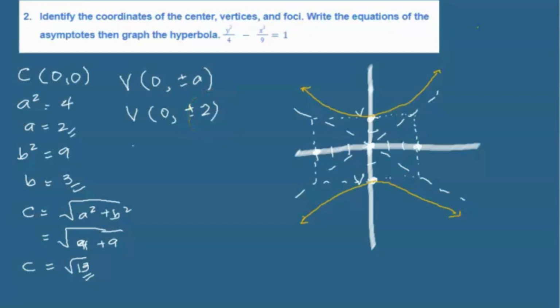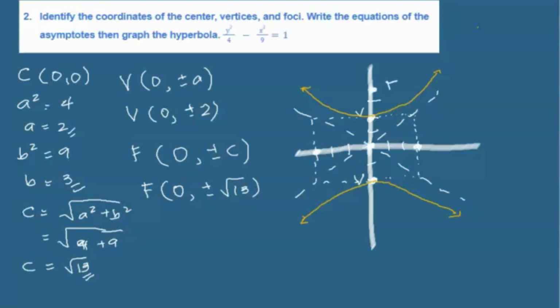And for our foci, the coordinates would be at 0, plus or minus c. So our coordinates would be at 0, plus or minus square root of 13. Let's graph our foci. Square root of 13 is about 3.6. So 1, 2, 3.